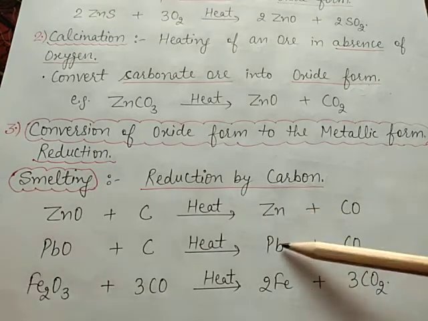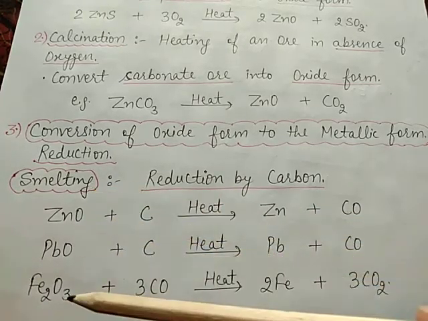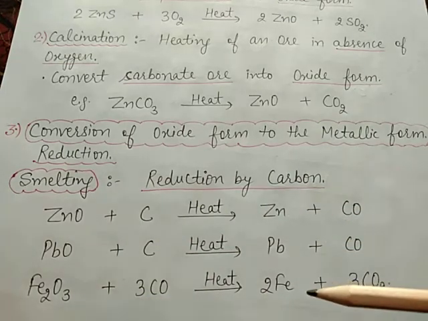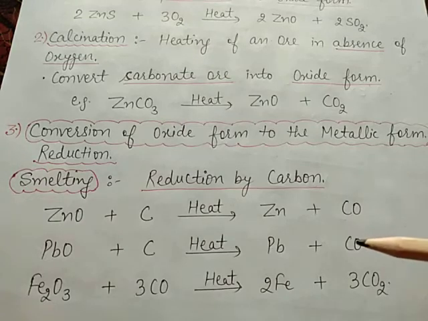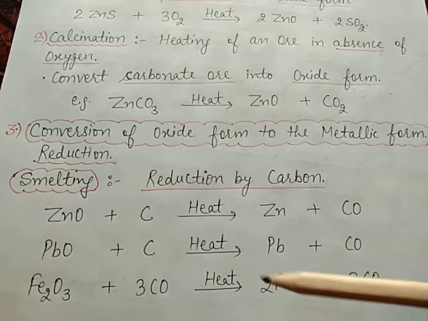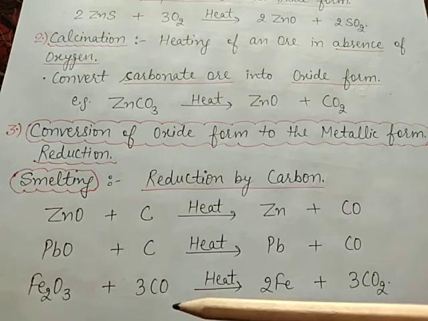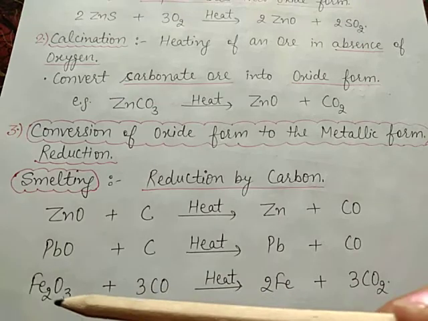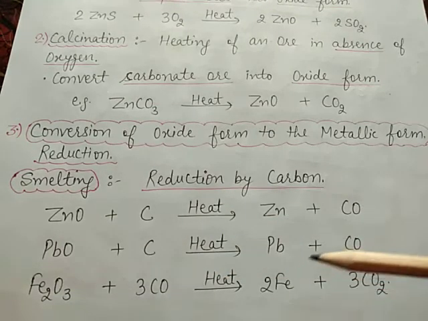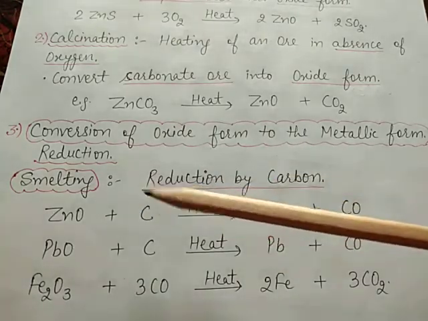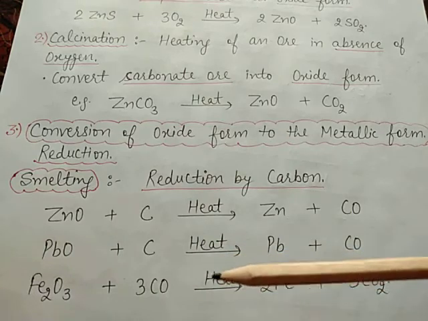Means these are the metallic forms. Means all the oxide forms are converted into the metallic form. Here, the carbon monoxide can cause the reduction of ferric oxide to form the iron. So, in smelting, reduction by carbon or carbon monoxide takes place.